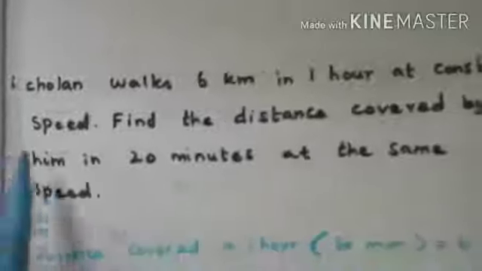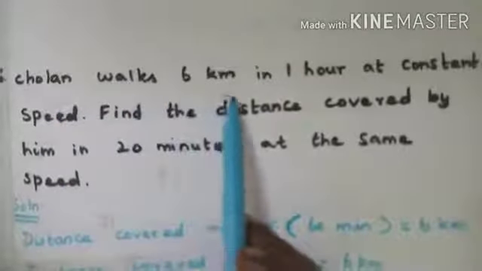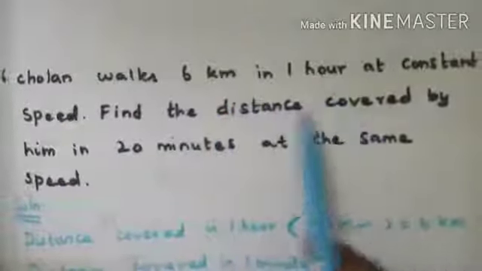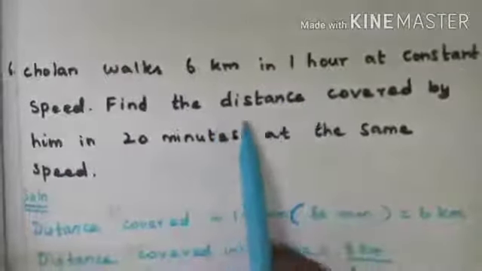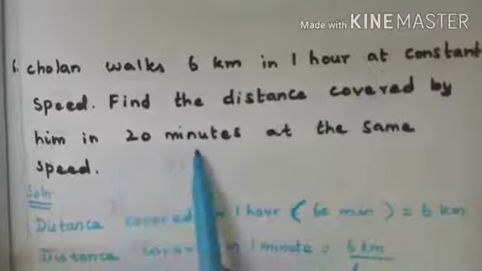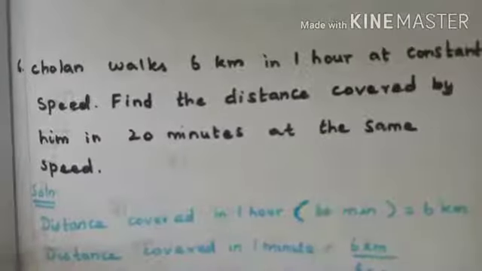The next question is the sixth question. Cholan walked 6 km in 1 hour at constant speed. Find the distance covered by him in 20 minutes at the same speed.